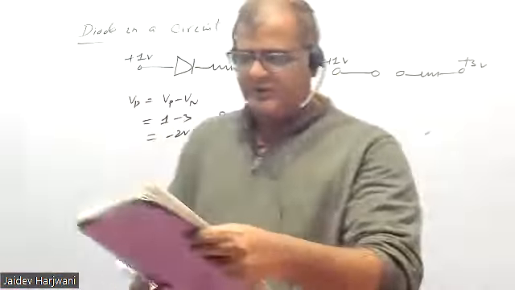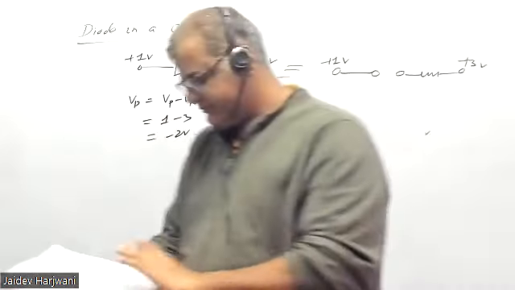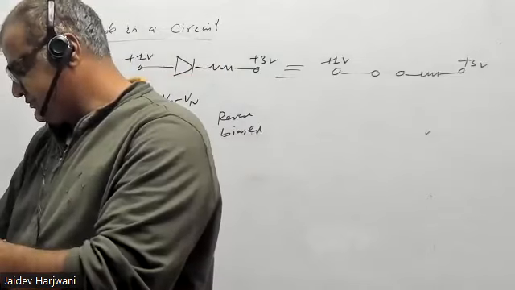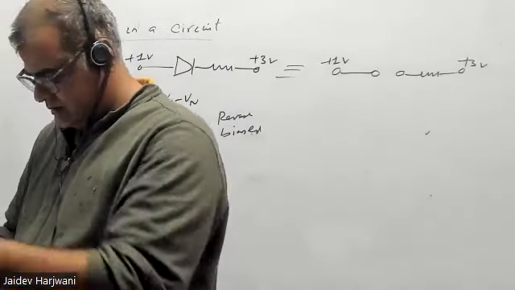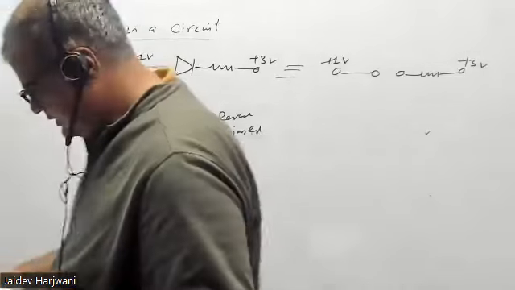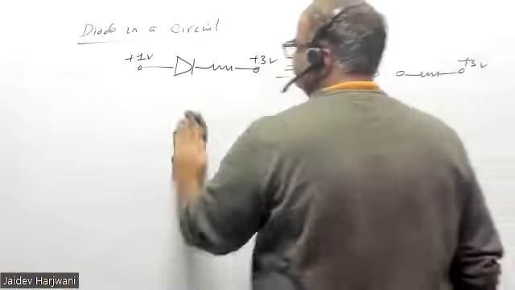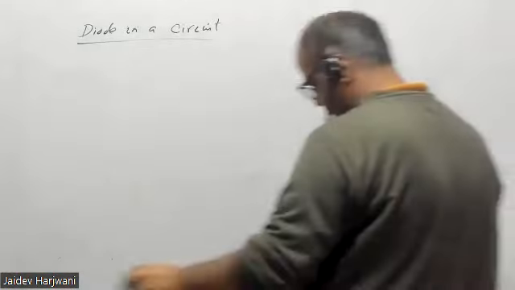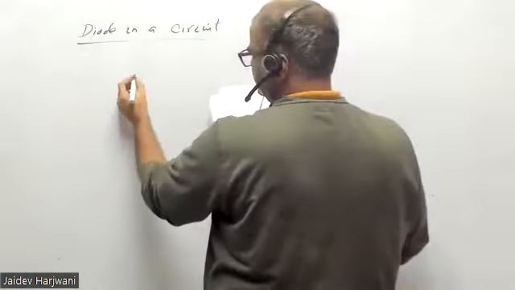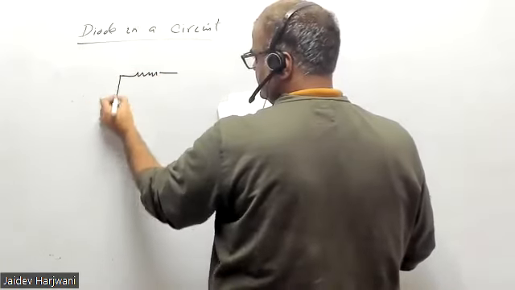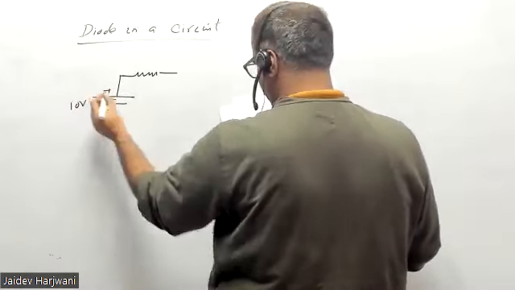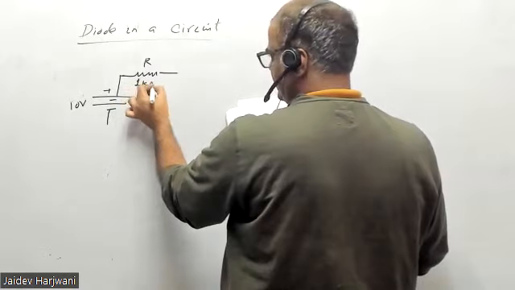So let us first solve a problem with the ideal diode model. We'll do only 1 or 2 problems, then we'll continue tomorrow. You have been given a circuit with a 10 volt source and a resistance R of 1 kilo ohm.